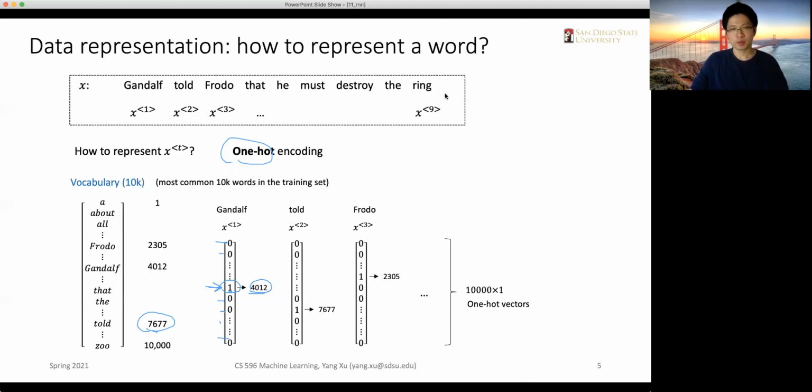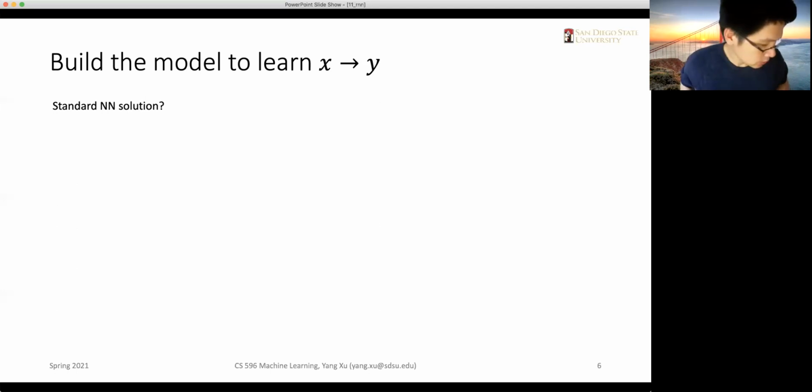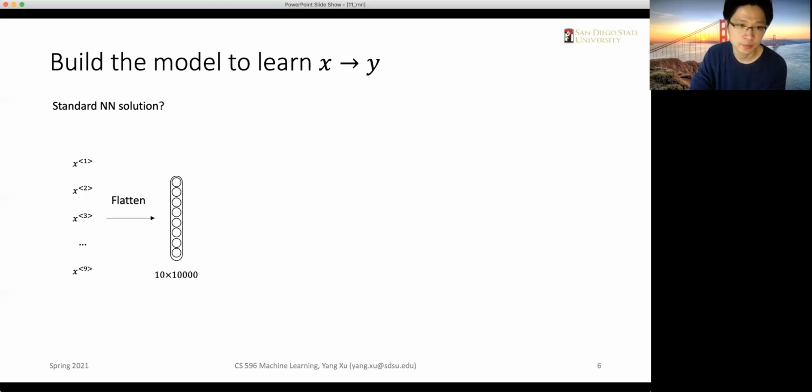Okay. All right. Let's look at the problem at the next step. What we're going to do is to build a model. We want to learn the mapping relationship between X and Y. Before we apply the RNN models, a straightforward thought is, what about we just use a regular neural network without the so-called recurrent mechanism?